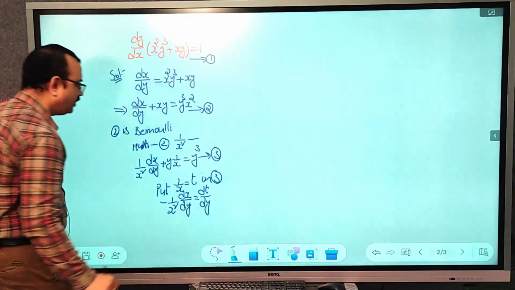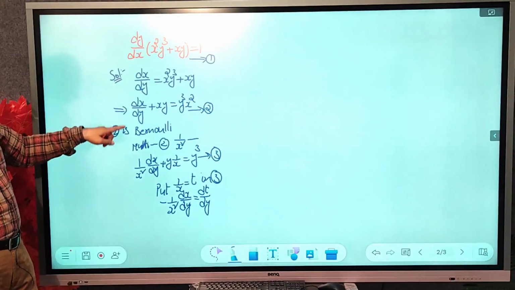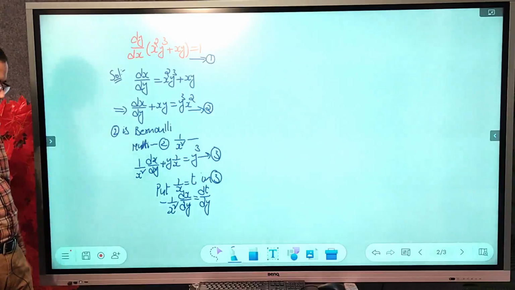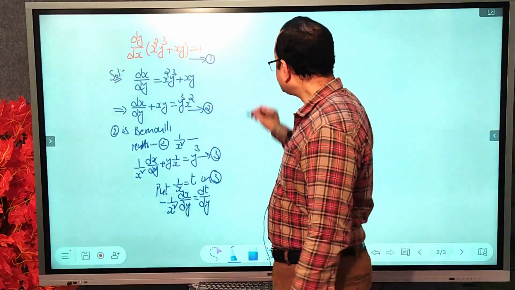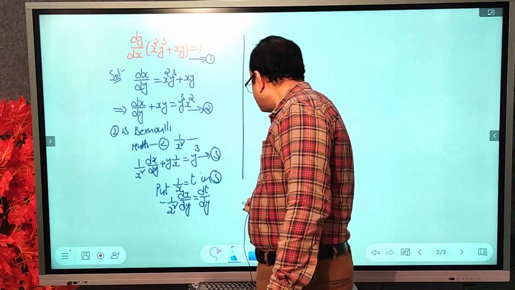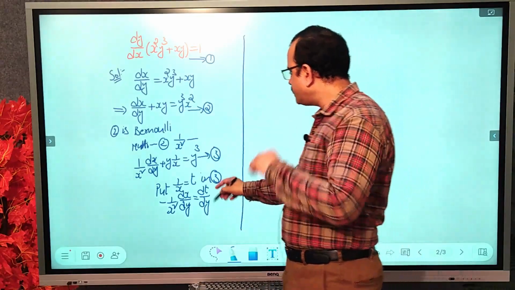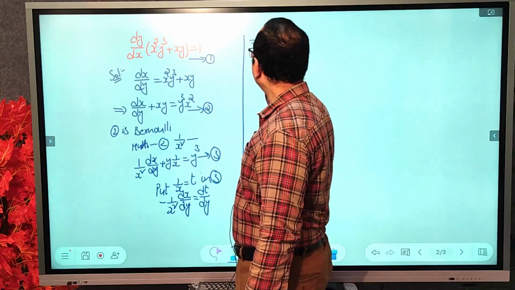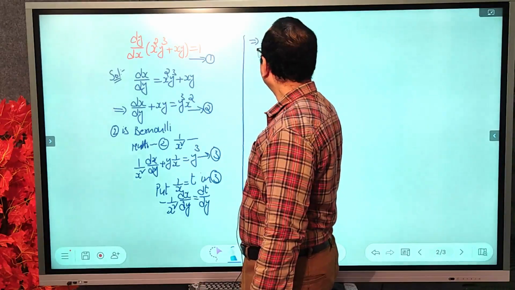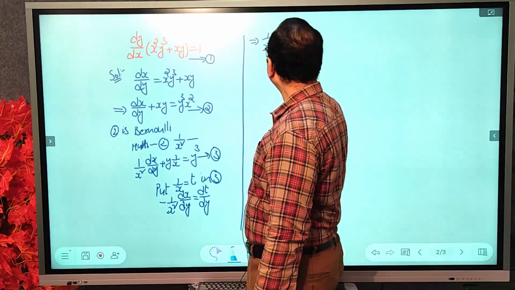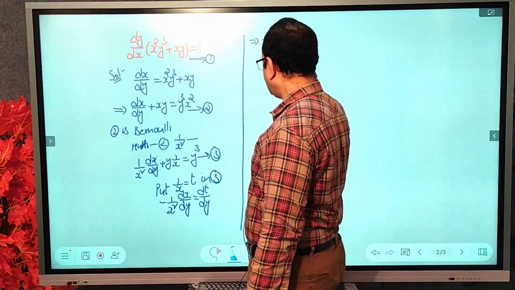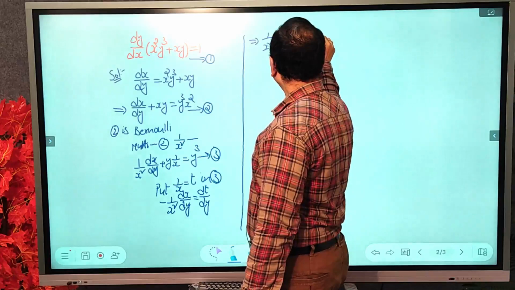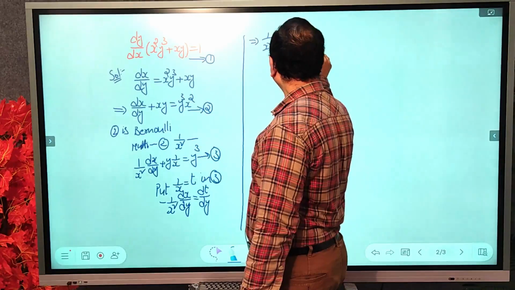But here what we need is 1 by x square into dx by dy only. So that we will see how to eliminate. Just simplify, in the sense you write like this, 1 by x square into dx by dy is equal to negative of dt by dy.